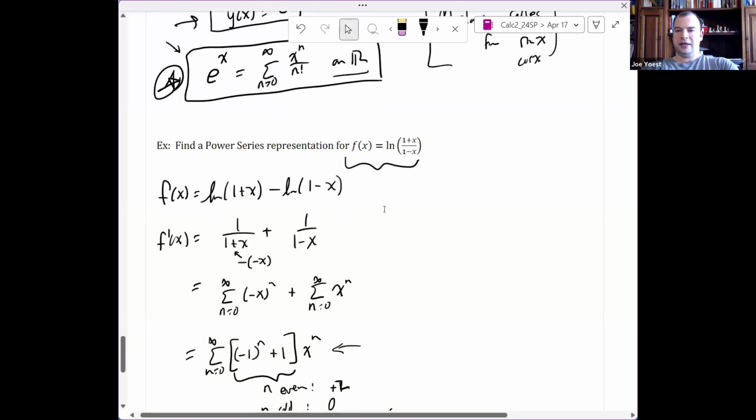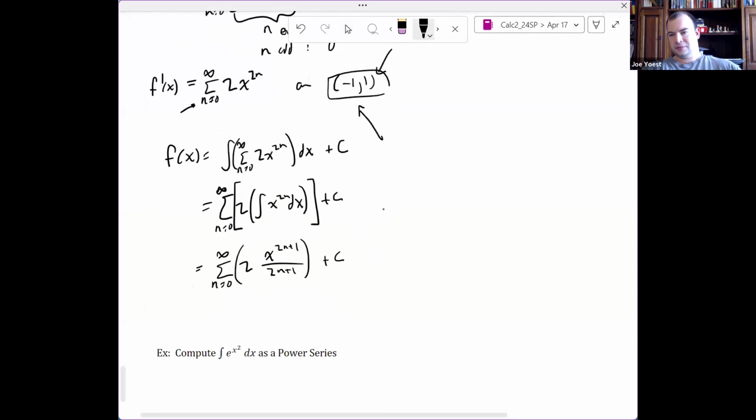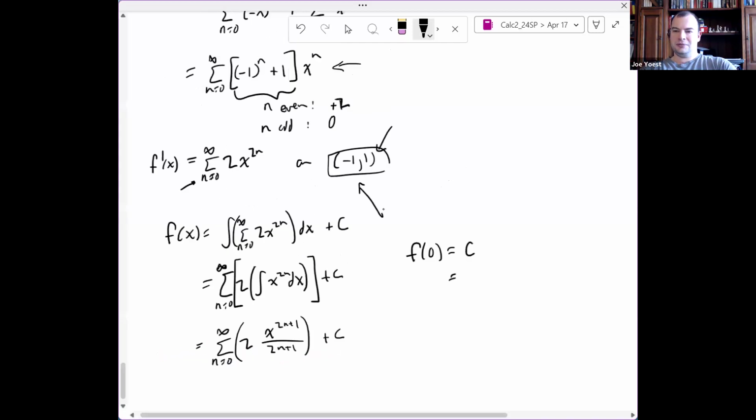And I can evaluate f at 0. On one hand, I notice that all of the terms in my series are going to have at least 1 power of x. From integrating, I picked up a power of x. So the n equals 0 term has an x to the first. So when I plug in 0, this series zeroes out. So on one hand, f of 0 is c.